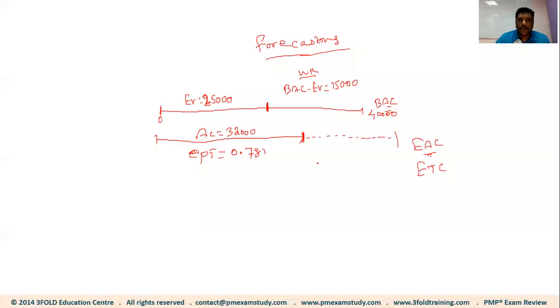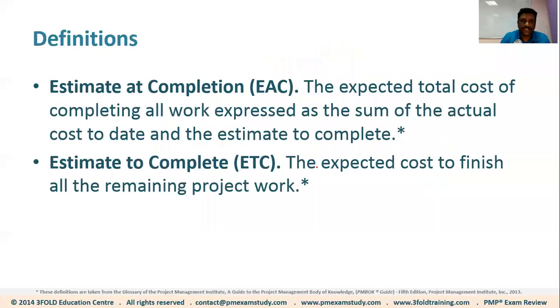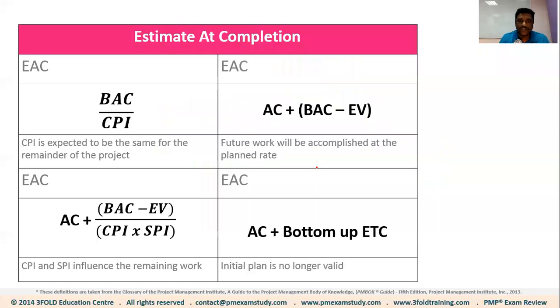Now, to find the EAC, we can take up to 4 different assumptions, and you can see these are the 4 assumptions with the formula. I'll come back to this, but let me just give an idea using my way of explaining it.